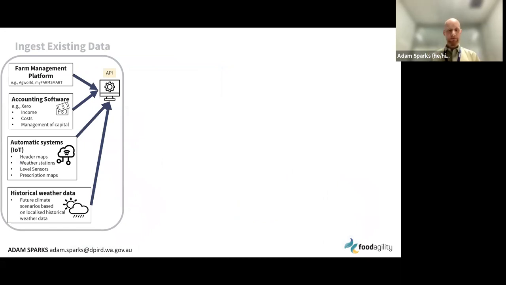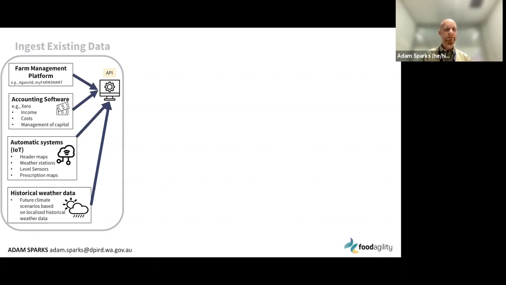So to quickly go through what the project is going to look like, we're going to ingest the existing data. So we've got farm management platform software like AgWorld or MyFarmSmart. These could be thought of as data service collectors, or somebody like Wes Lawrence and Access Tech that has access to these sites as well can ingest the data along with accounting software data that gives your income, cost, management practices of capital, et cetera.